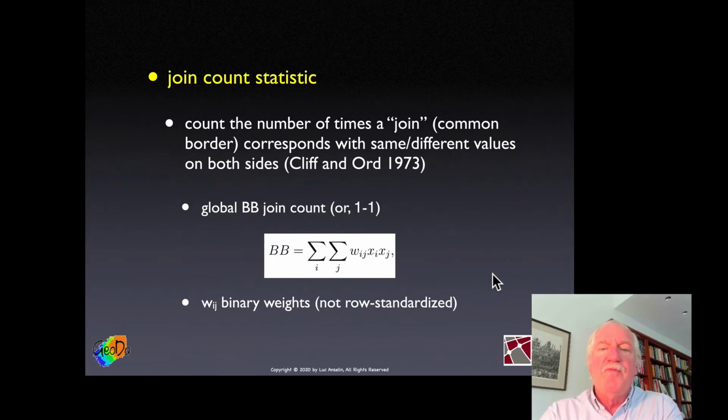You can then figure out either analytically or by random permutation whether or not this is significant in the usual way. We won't dwell on that because we want to think about a local statistic. And if you recall my discussion of what is a local statistic, anytime you can write a statistic as this double sum, then the local part is the part that pertains to each individual x_i location.